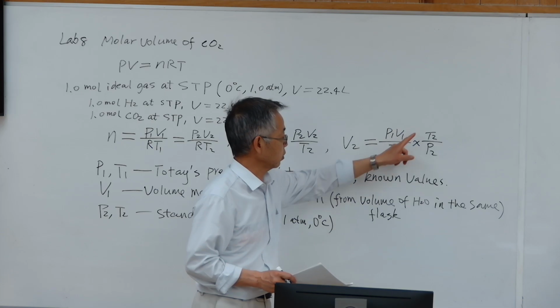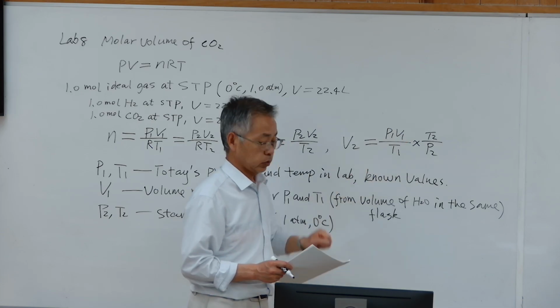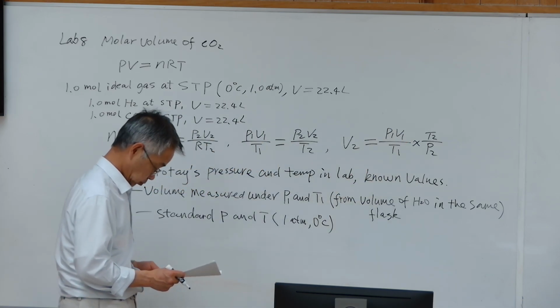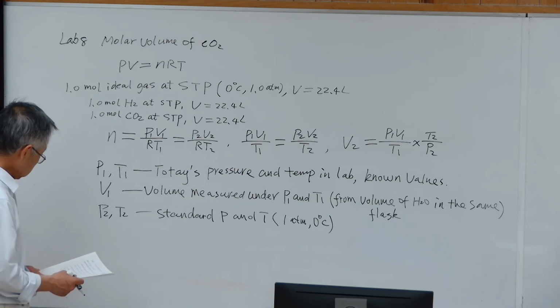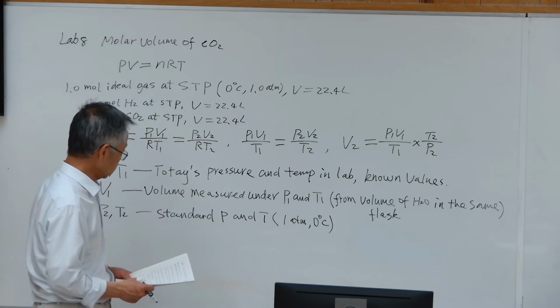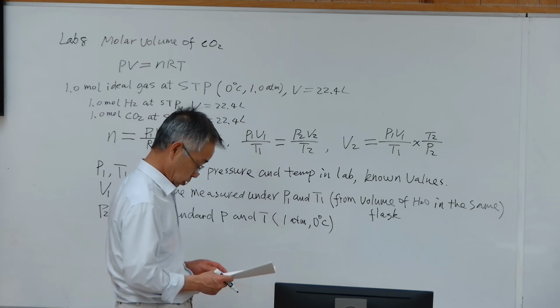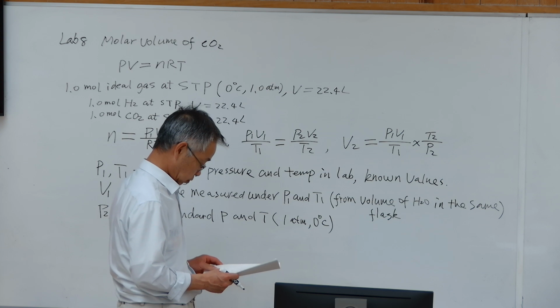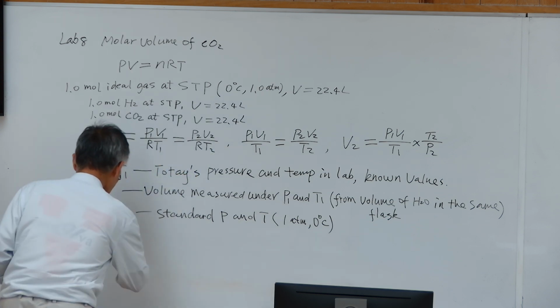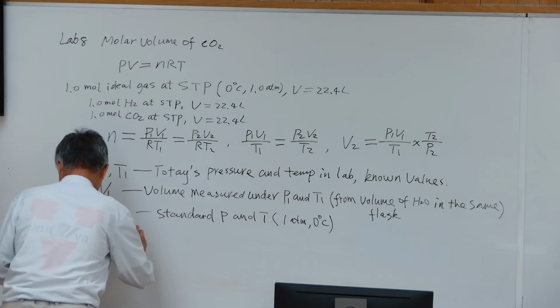So any temperature in the ideal gas equation must be in Kelvin. So convert 0 degrees Celsius into 273.15 K.